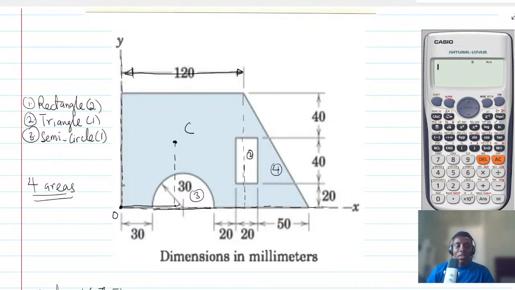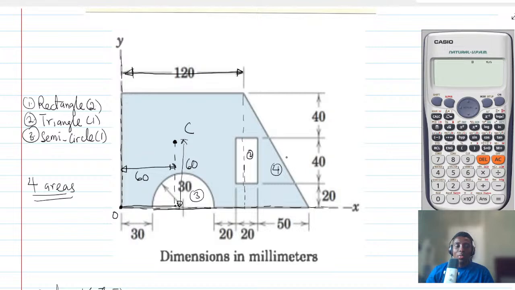So for the rectangle, halfway here is going to be 60, and then going up in that sense will also be what? 60. That's all. So in effect, the x bar is 60 and the y bar is 60. In other words, to get to the center of the rectangle, you just have to walk from the origin 60 millimeters, and then you go up 60 millimeters, and that's all.